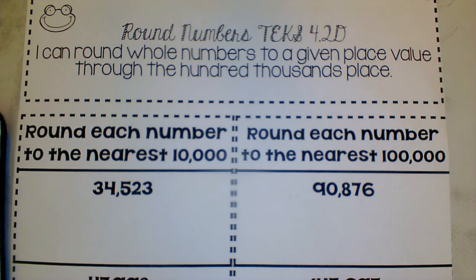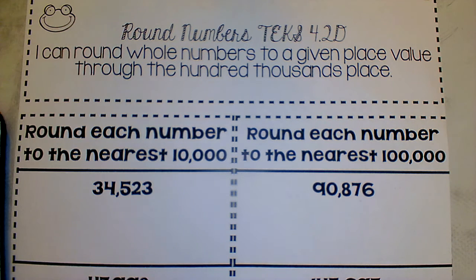So on this journal page that I have provided for you, the first column asks us to round each number to the nearest 10,000. Okay? We always want to underline the number in the place value that's being rounded. So if we are rounding to the nearest 10,000, we are underlining the number that's in the 10,000th place.